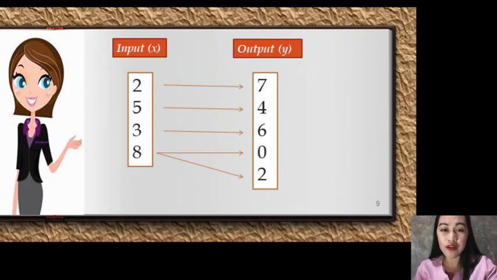As you observe, the element 8 in the input is paired with two elements in the output. So this element is repeated. Therefore, this is an example of a relation.